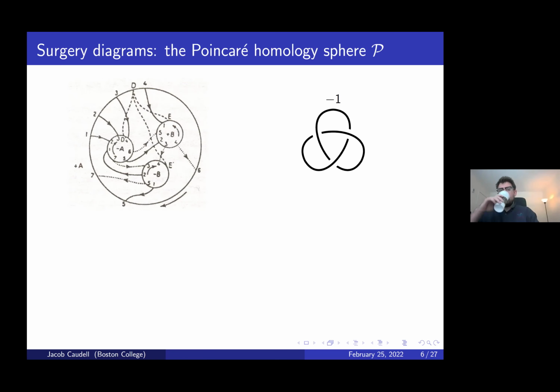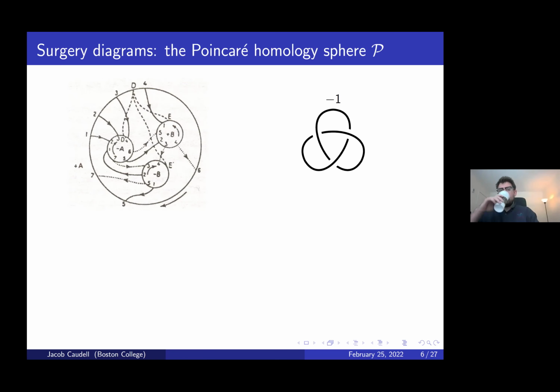If I do surgery along the slope indicated by 0, then there's a very simple move in Kirby calculus, which is the calculus of manipulating surgery diagrams. If I do a slam dunk along this central 0 framed unknot, if I slam dunk the red component over this central 0 framed component, then I get this surgery diagram on the right, which is a connected sum of lens spaces.